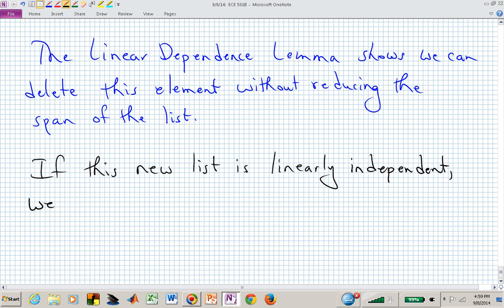A basis, haven't we? So if this new list that we've generated by throwing out a linearly dependent vector is linearly independent, we have created a basis. And we are done.